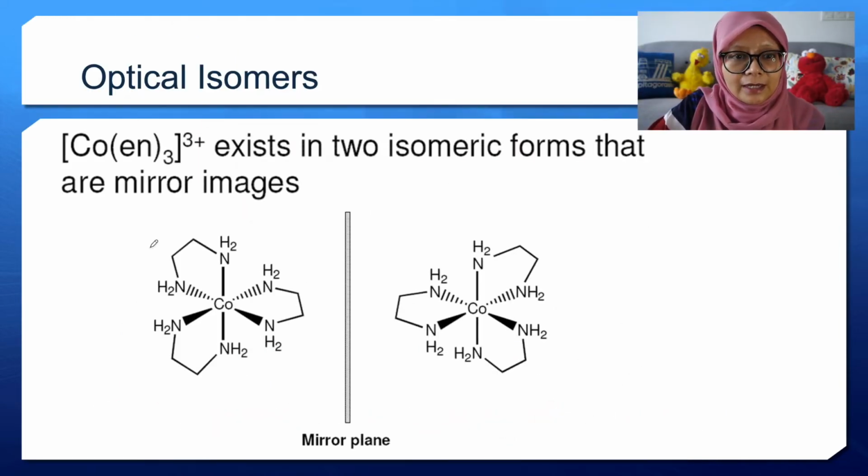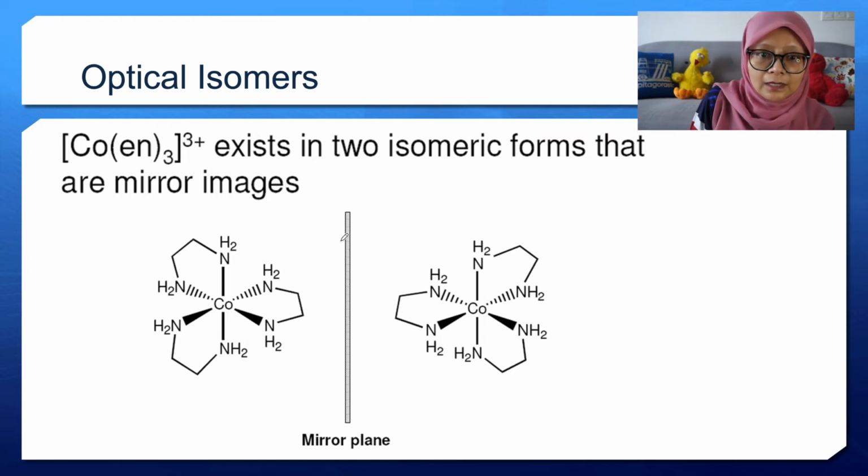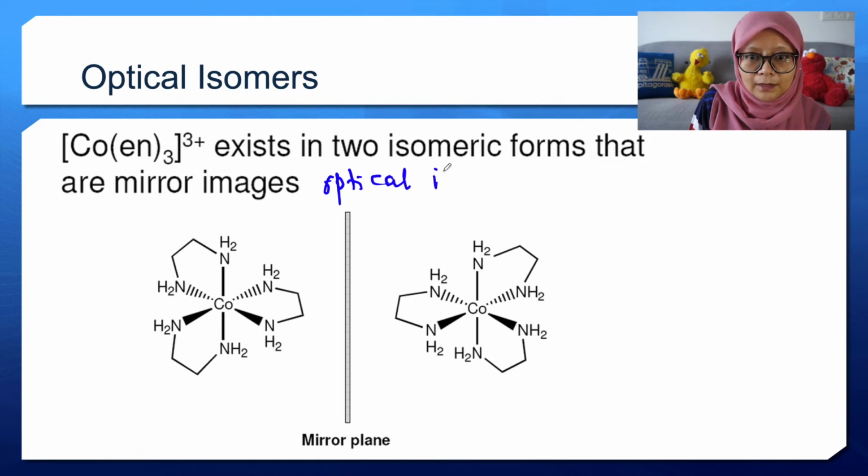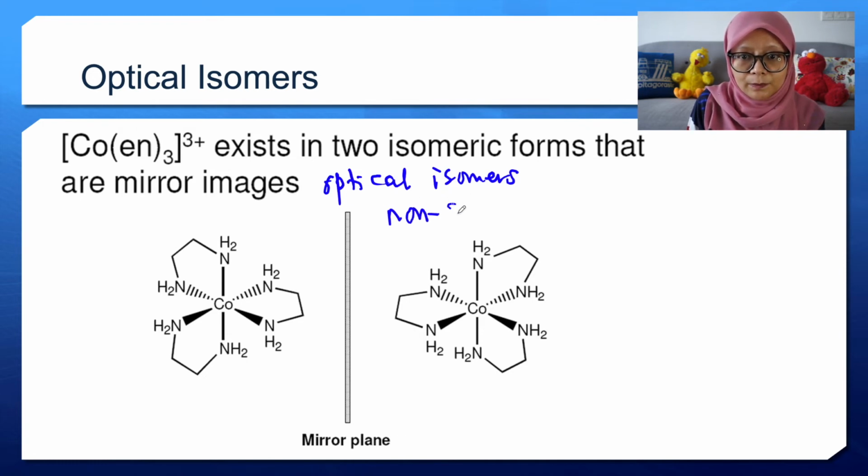And then other than that, I have a similar example in the sample problem. We have here cobalt 3 ethylene-diamine, where it actually exists in two isomeric forms that are mirror images of each other, so this can be considered as optical isomers, because they are non-superimposable.